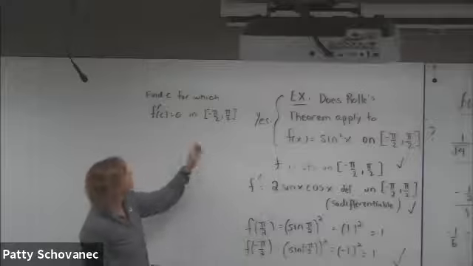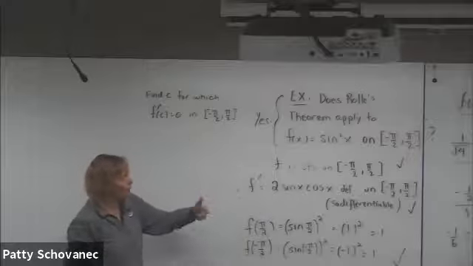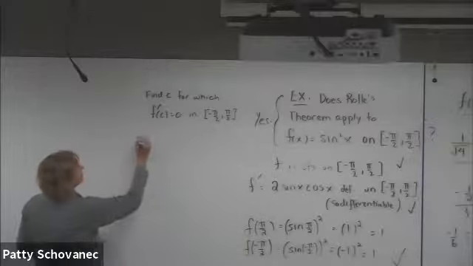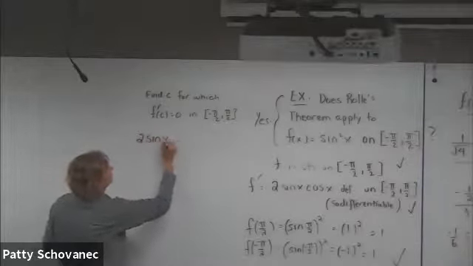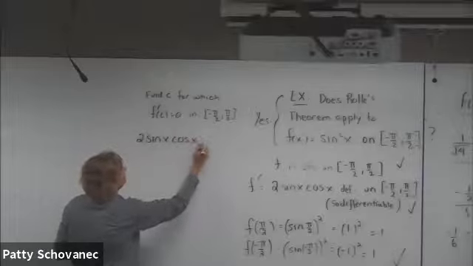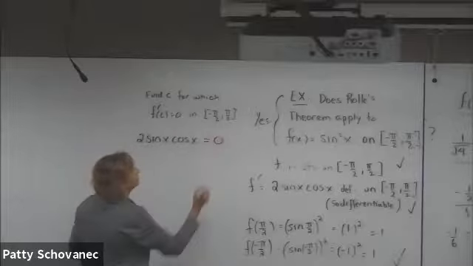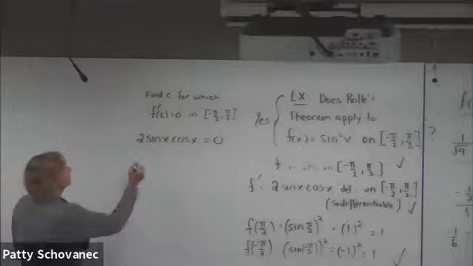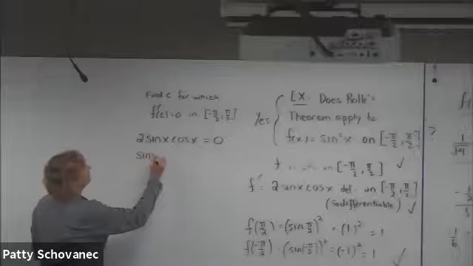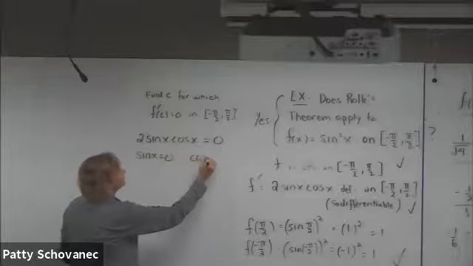We set it equal to 0 and solve for x and say that that's our c. Well, it's already factored, so set each factor equal to 0 and solve for x.